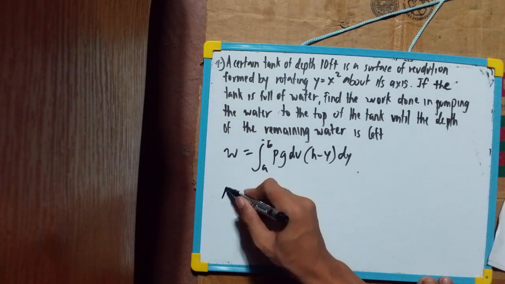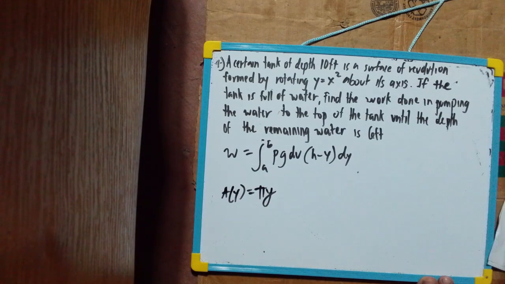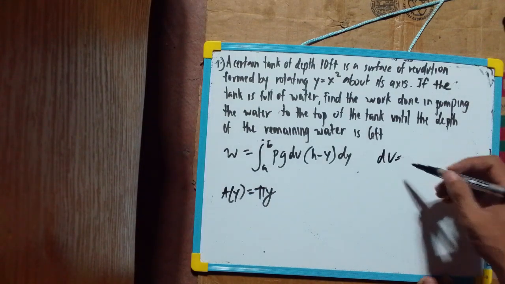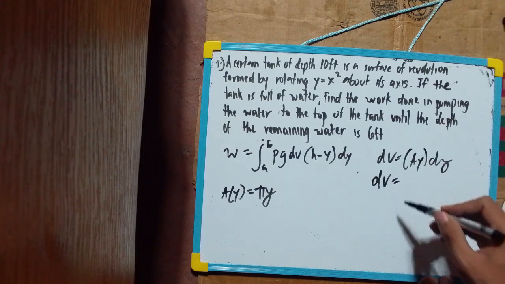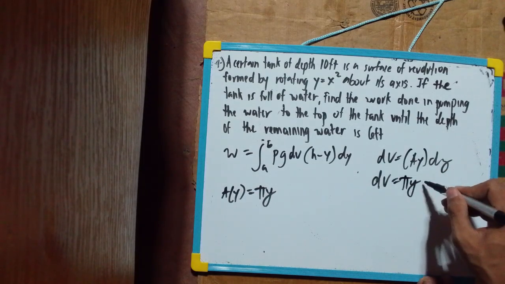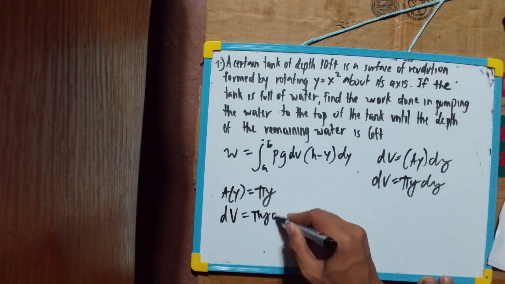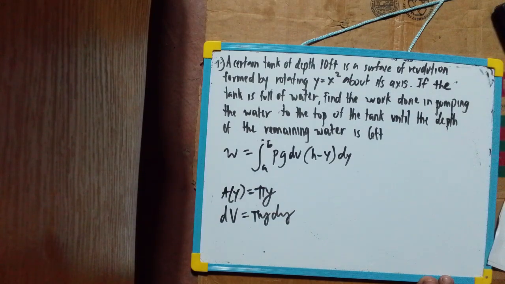Now, the derivative of volume is A of y dy. So dV is pi y dy. And now we substitute those values into our formula of work.